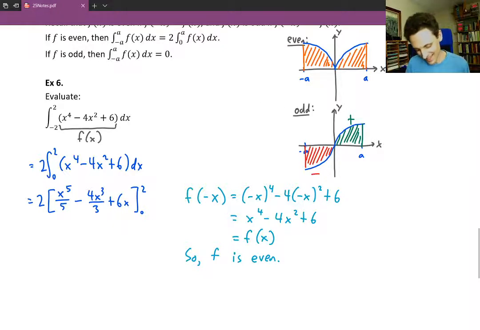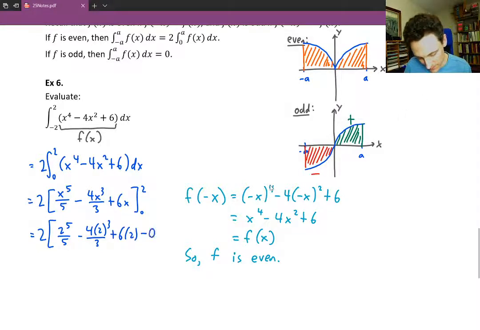And then we have 2 times, when we plug in the 2, we're going to get 2 to the fifth over 5 minus 4 times 2 to the third over 3, and then plus 6 times 2. When we plug in the 0, we're going to get 0, 0, 0, so we're going to get a minus 0. So eventually when you work all the fractions out, you get 232 over 15.